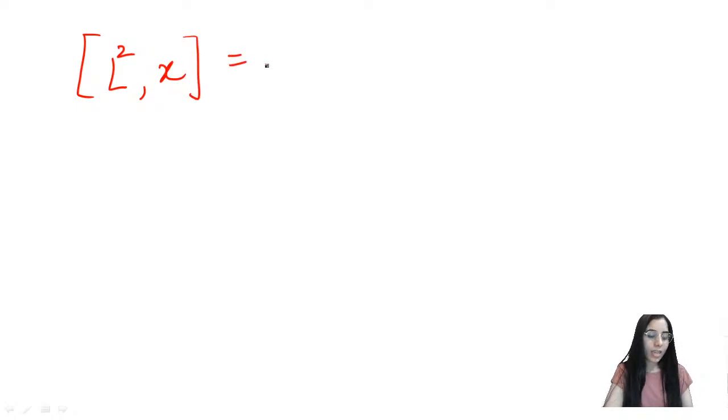If anybody still has any doubt in this discussion, you can mention it and let me know. Okay guys, next question, that's L square with x commutator bracket. What should be the answer? L square with x commutator bracket. What will you get for this?